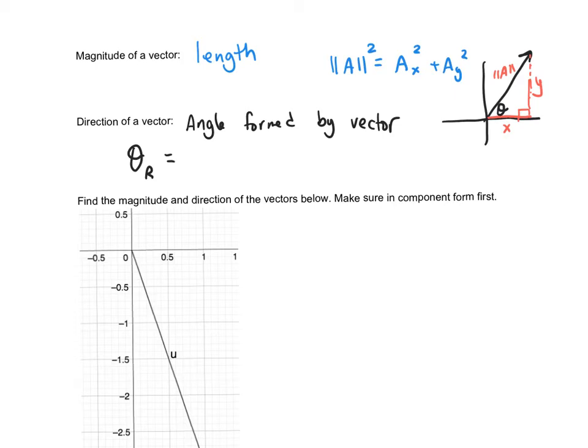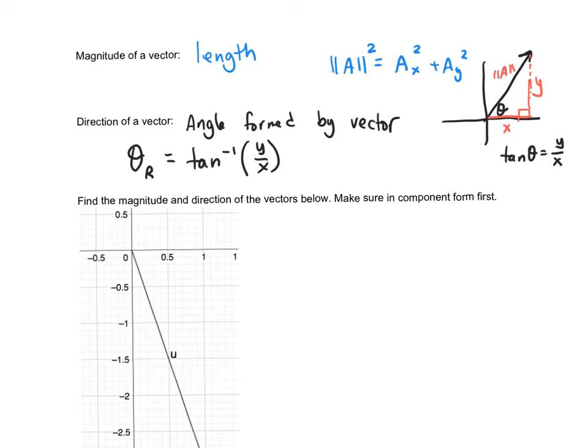If I look at this triangle, I know the tangent of theta equals y over x, opposite over adjacent. So the reference angle is going to be found by the inverse tangent of y over x. Once you have your reference angle, we'll have to do a little bit of thinking and try to figure out where exactly this is in the coordinate plane. But essentially, this is how we'll start finding the direction.